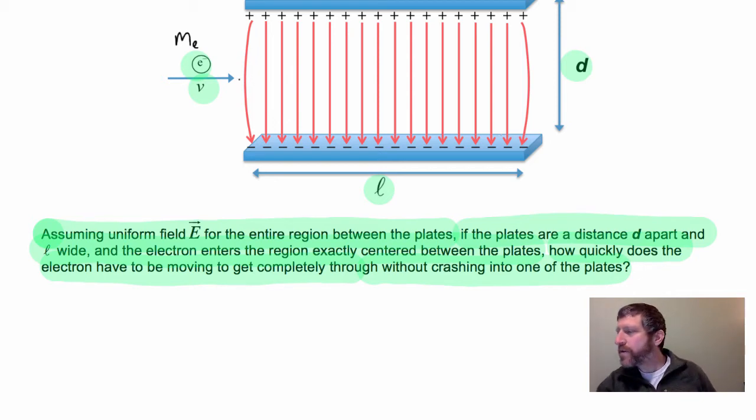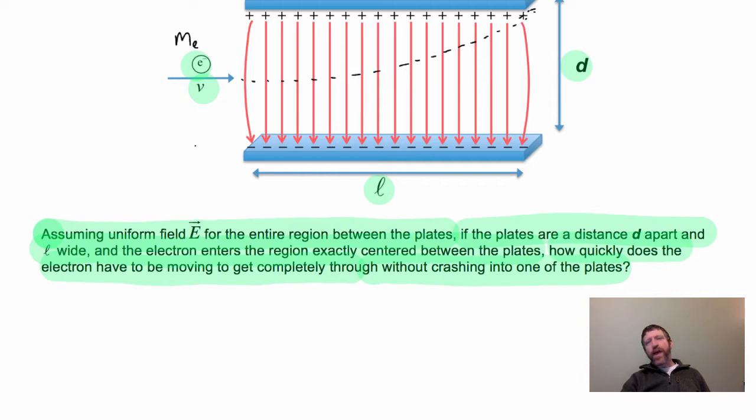Our electron does the exact opposite. It will go like this and follow a parabolic motion like that. But keep in mind, our question is, how fast does it have to be going to make it all the way through? So our limiting case is it enters here, and it will follow a projectile path, but it'll just make it through right there.